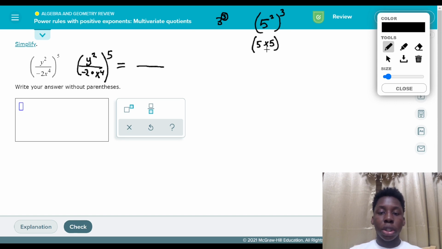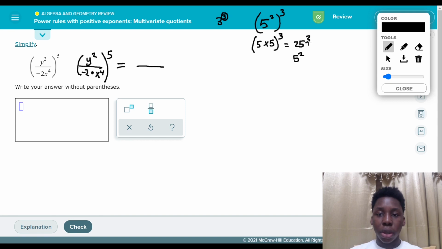And so this is 25 to the power 3. If you want to find the square root of 25, the square root of 25 is 5, right? So this will be 5 squared, because we put the square of 5 to get 25.